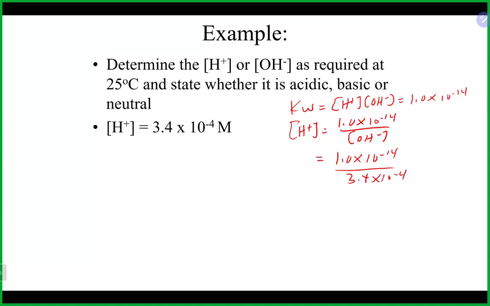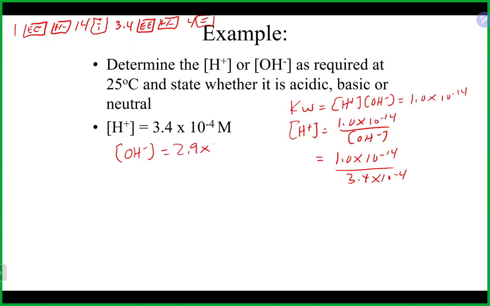Just a reminder of punching this into your calculator: 1, exponent button, negative button, 14, divide button, 3.4, exponent button, negative button, and 4, and then hit equals. So if you do all that, you should end up with an OH minus concentration of 2.9 times 10 to the minus 11 molar. Any questions on that there?